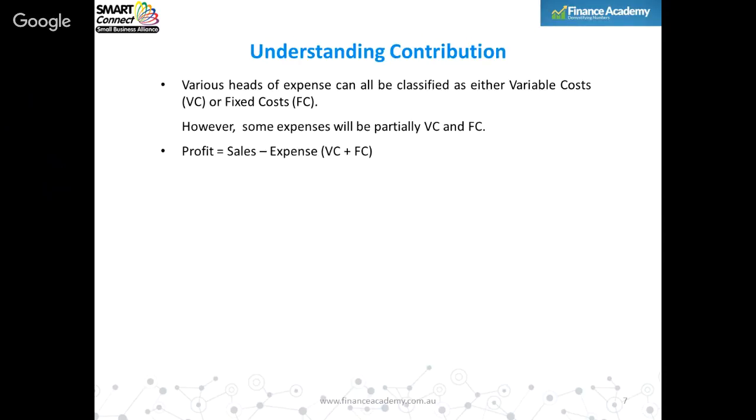Now, the general definition of profit is sales minus expense, and we have broken expenses into variable cost and fixed cost. Now, I would like to introduce a term called contribution. Contribution is nothing but, whenever a sale is made, how much does that sale contribute to the business?